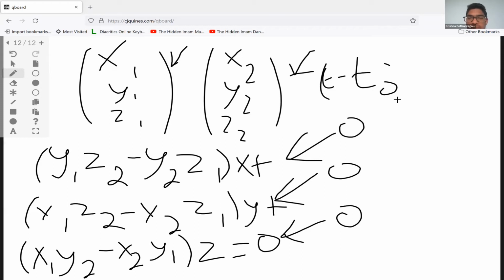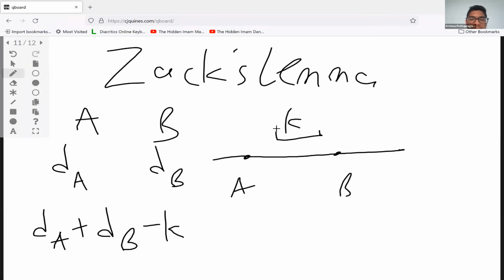The factor t minus t0 is present in each of these polynomials, that is, the coefficients of x, y, and z. So we can divide that out, and we can decrease the degree by 1 for every t0 that exists, which is where this minus k comes from.